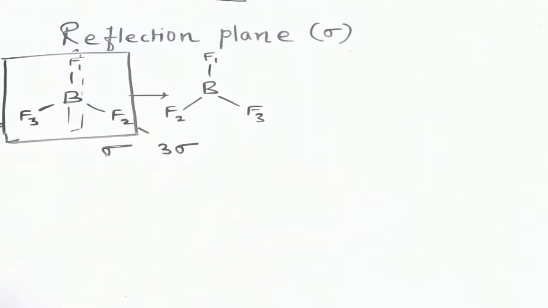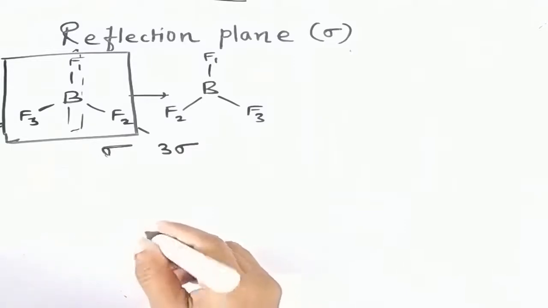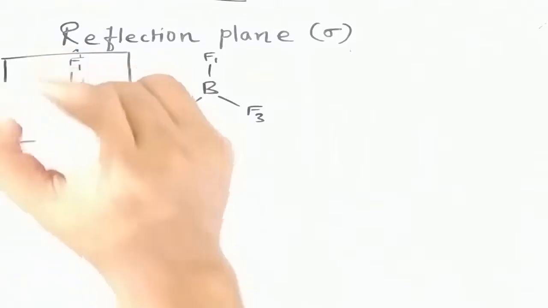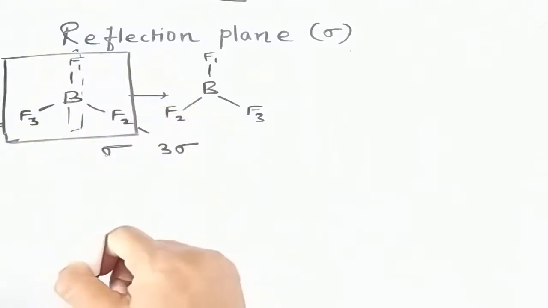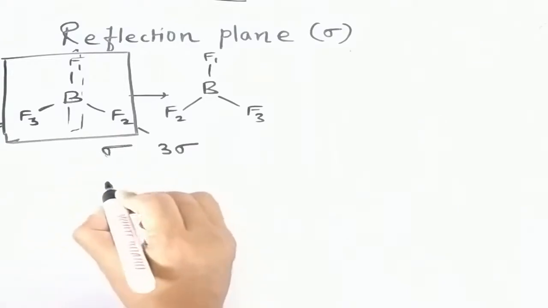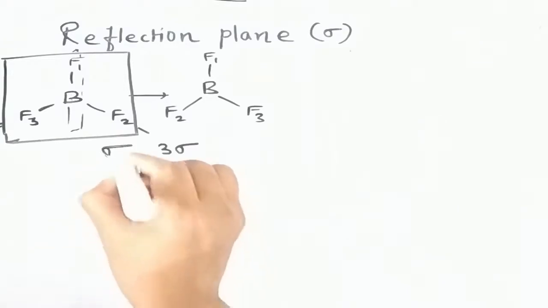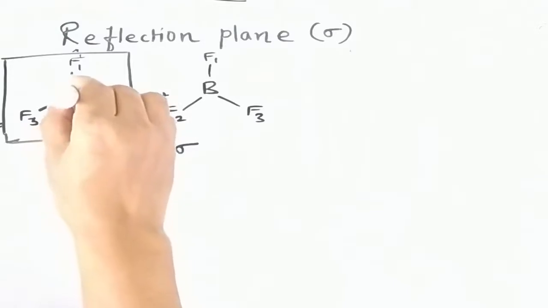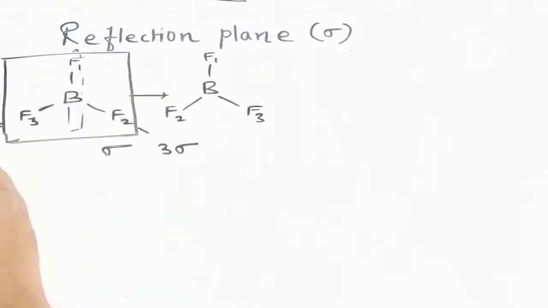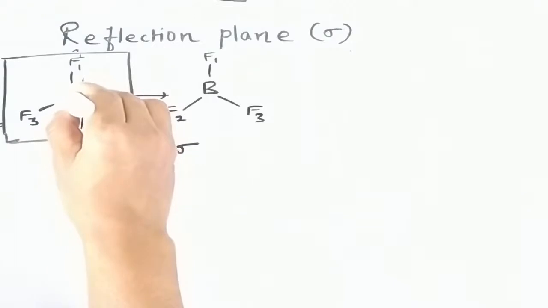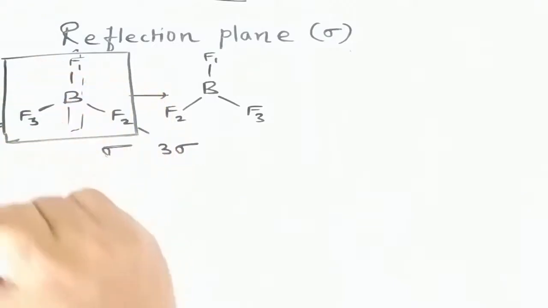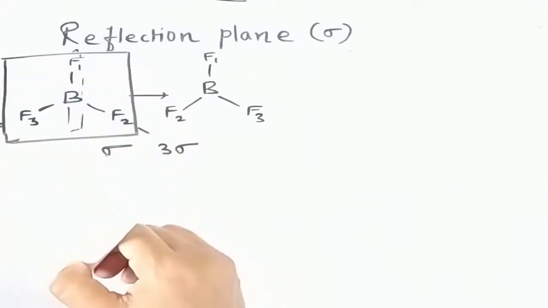So we have to categorize them. How can we categorize? A plane which is parallel to the principal axis. Now what is the principal axis? In an earlier video we have learned that an axis which has the highest n value, also called the highest number of folds, is called the principal axis.